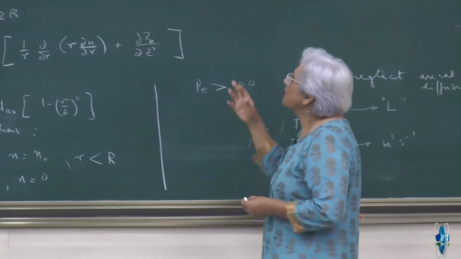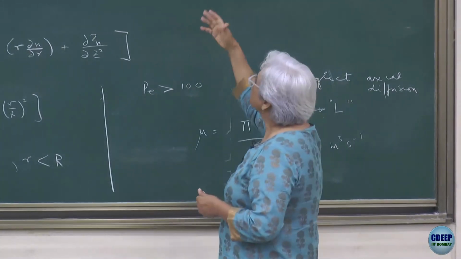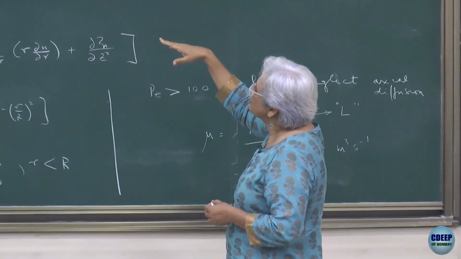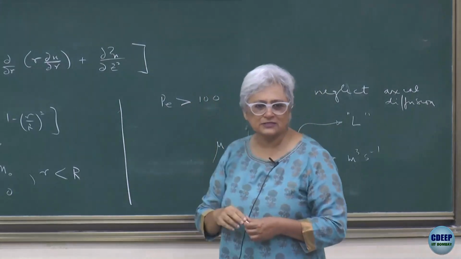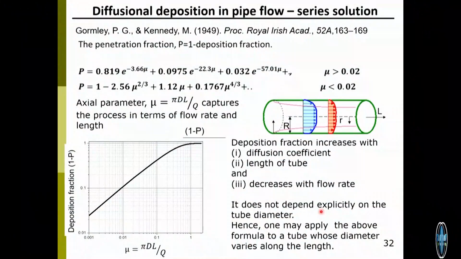And so the solution involves, even though we write it for smaller than 0.02 and greater than 0.02, you can notice that at small values of mu you are going to have very small amounts of deposition, right.